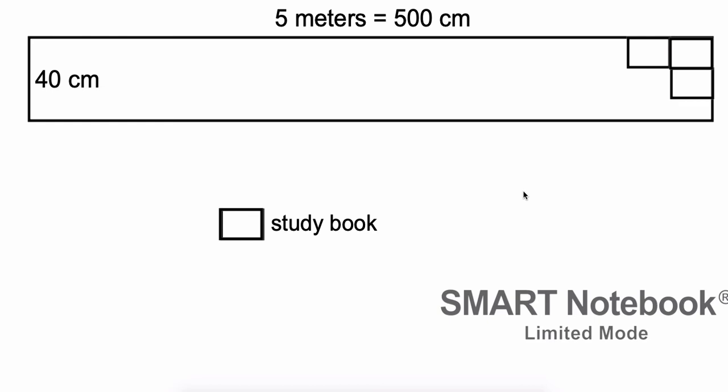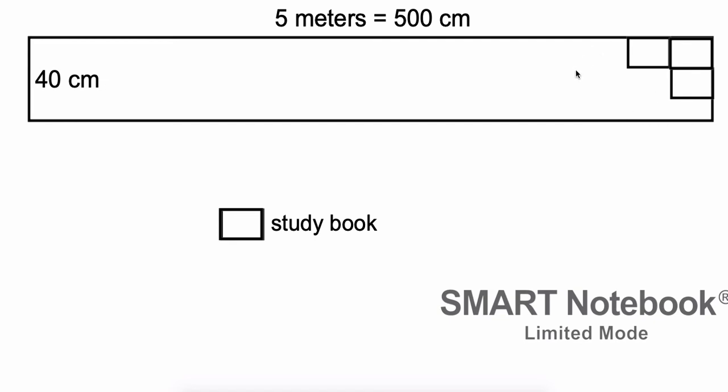So the first thing you have to do, of course, is take your study book and measure the width and the length of your own study book. And then we can try and see how many times we can fit it here. So this is, of course, a problem of division. How many times can I fit my study book into this roll?